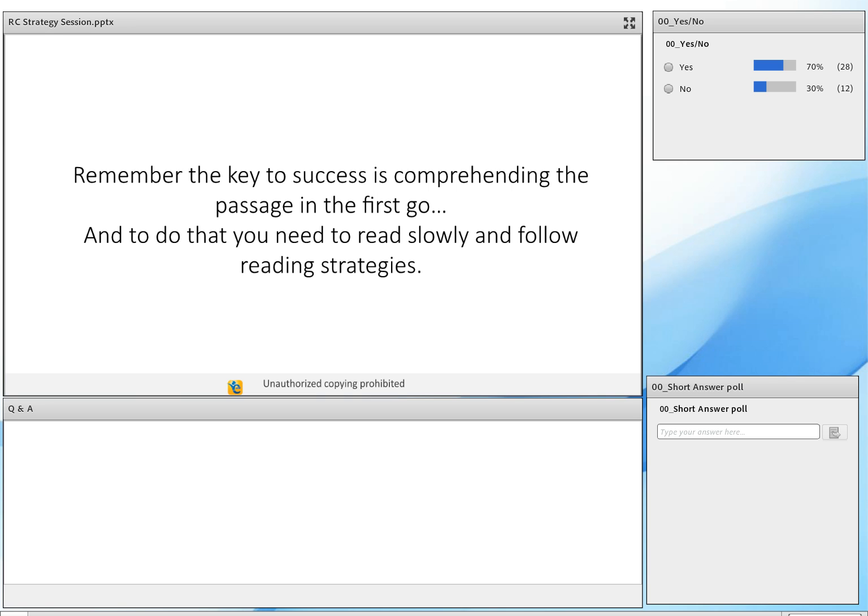And when I say the first go, I don't necessarily mean that you can't go back to a particular part of the passage as you're reading it the first time. You can very well reread parts of the passage, but what I don't want is for you to be going back to the passage to understand the passage when you're evaluating answer choices. That is a complete no-no.